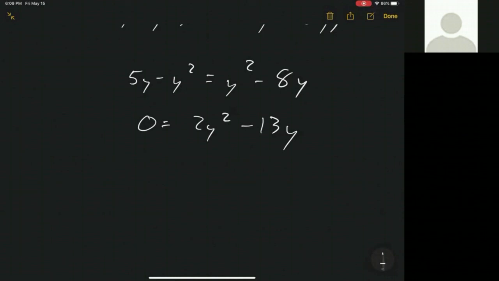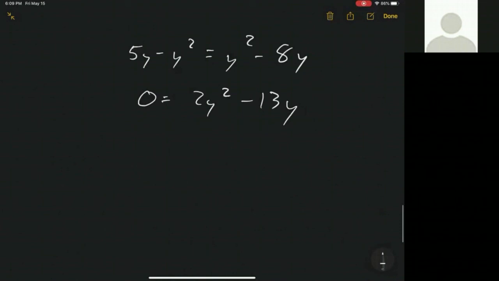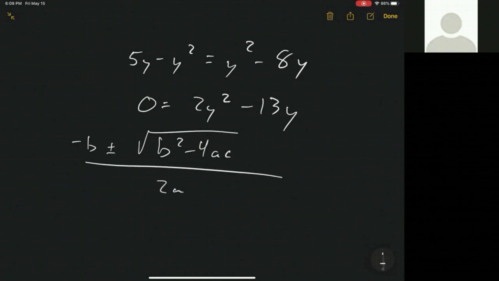This doesn't look like I can factor it nicely, so I would use the quadratic formula. If you can factor this, great. For me, if it's too ugly, I just go back to the quadratic formula: negative b plus or minus the square root of b squared minus 4ac, all over 2a. What's my a, b, and c? This is my a, this is my b, and my c is just 0.